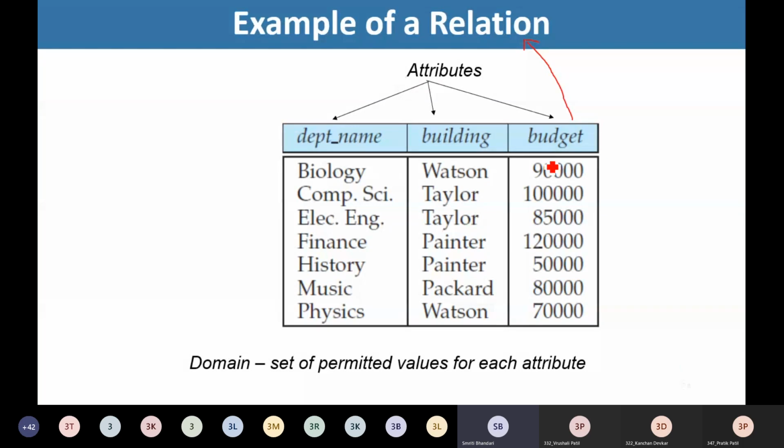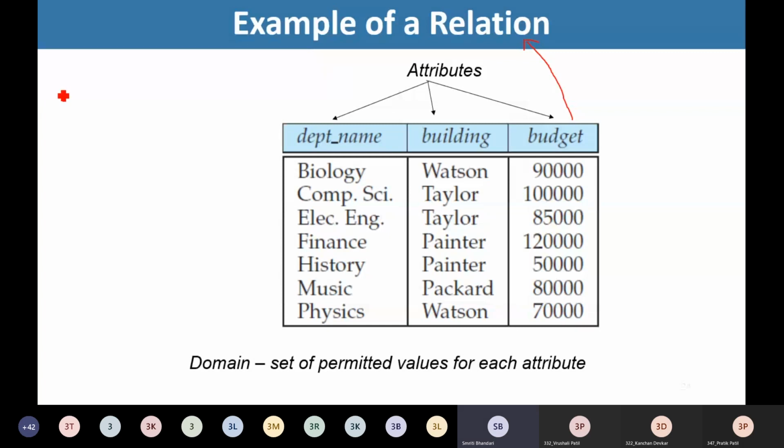A table in the relational model is also referred to as a relation. So don't get confused between the word relationship that we used in the ER model and the word relation that we are using in the relational model.